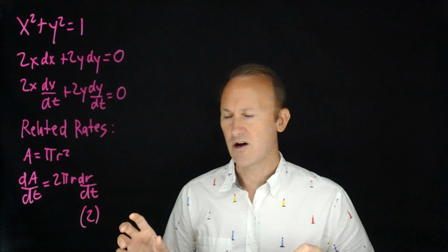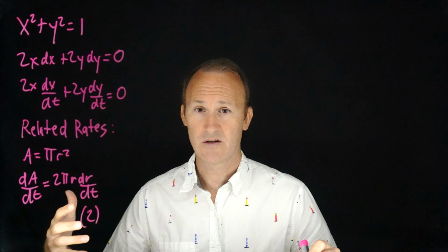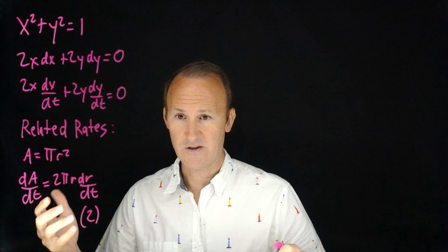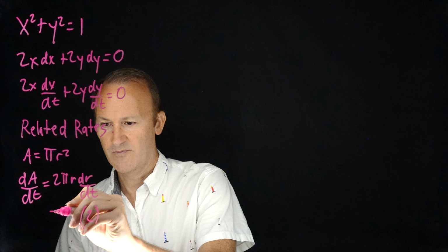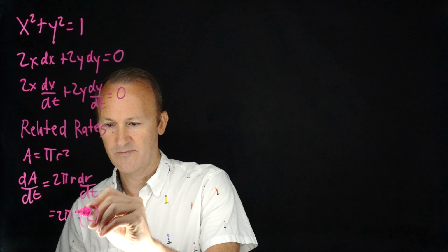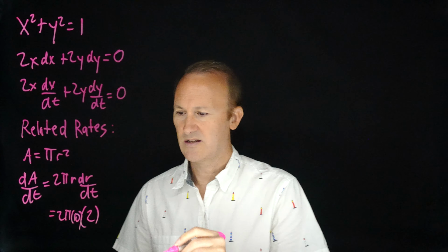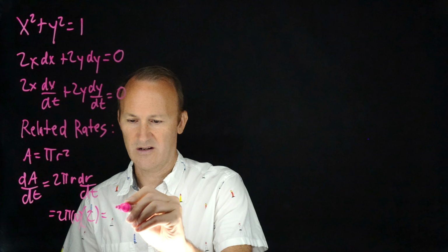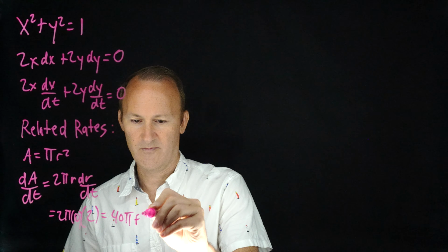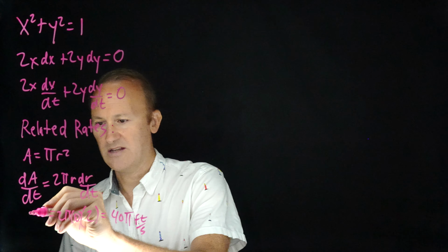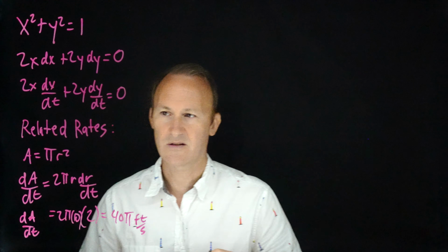And we want to know how fast the area of the oil spill is changing when it's at 10 feet, okay? So then we would plug in for these numbers, 2 pi and 10, and we would get that dA/dt is changing at 40 pi feet squared per second. Okay, so that's an example of how related rates can work.